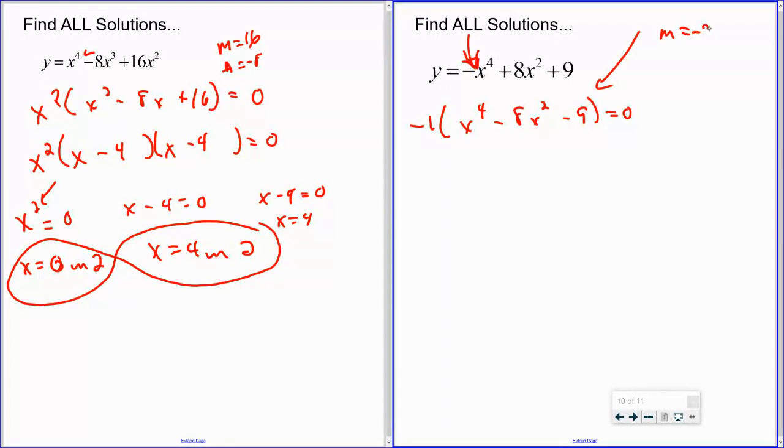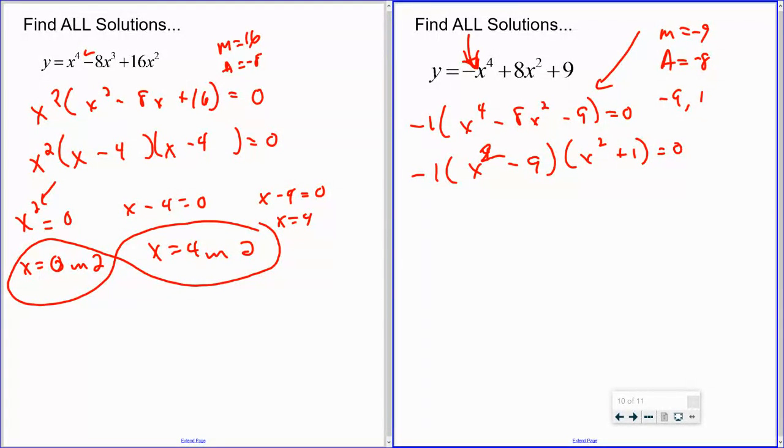It multiplies to make negative 9 and adds to make negative 8. That sounds like my combination is negative 9 and 1. Whoops, this should be x squared. All right, now I can finish this.